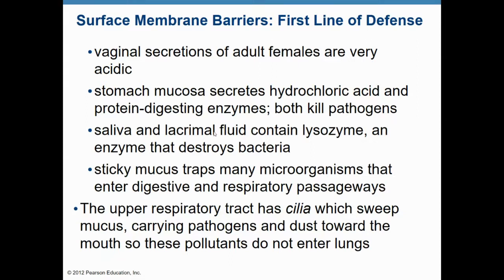Mucus doesn't really kill bacteria directly, but it's thick and sticky, so microorganisms get trapped, and then the cilia beat and carry those to areas of the body where they can either be spit out, or you can swallow them, and then your digestive enzymes in your stomach will break them down from there. So it prevents the entry of pathogens into more delicate areas like the lungs.